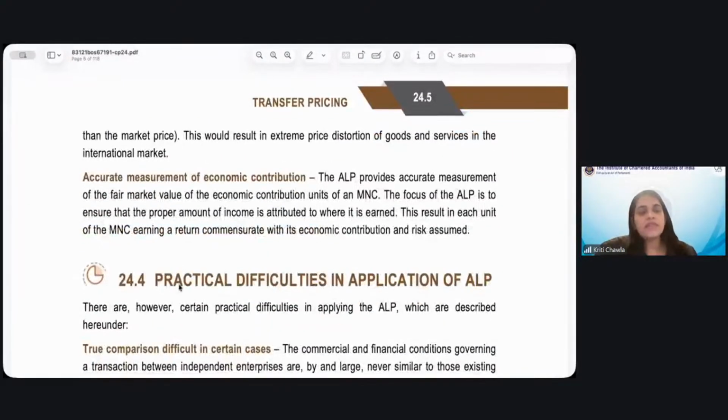And finally, they say that there should be accurate measurement of economic contribution. The arm's length price mimics fair market value, and this is the reason it results in multinational companies earning a return which is equal to the economic contribution, etc.